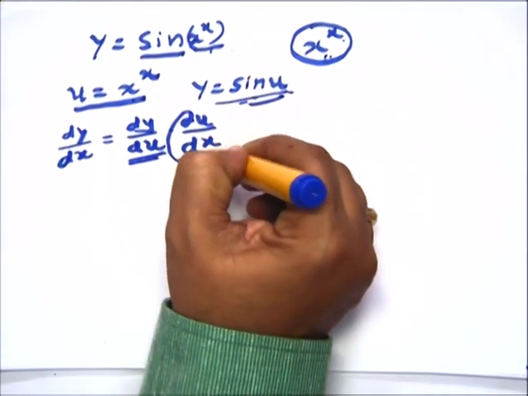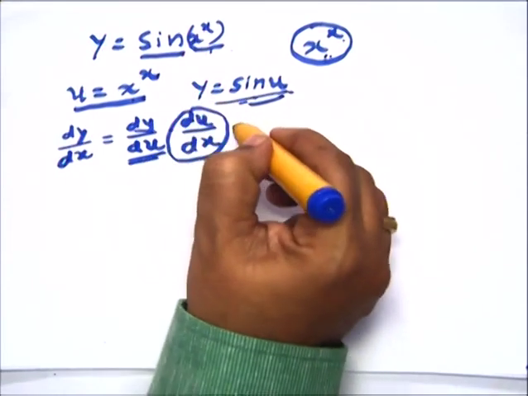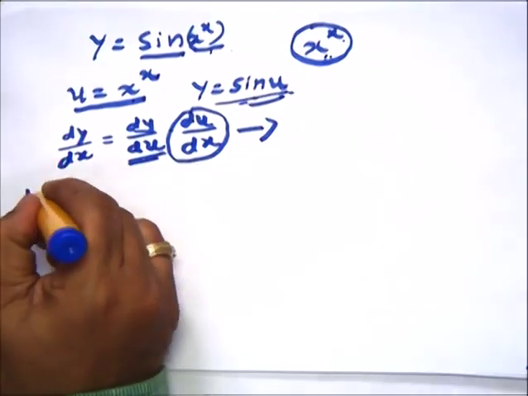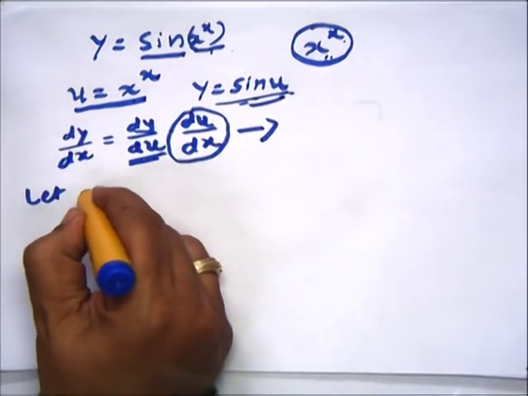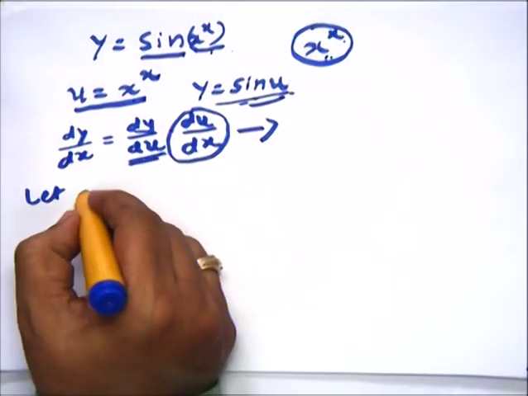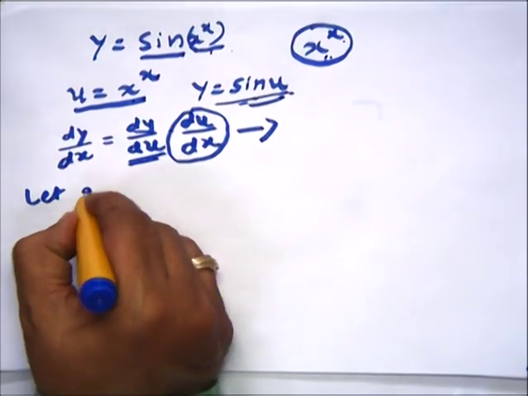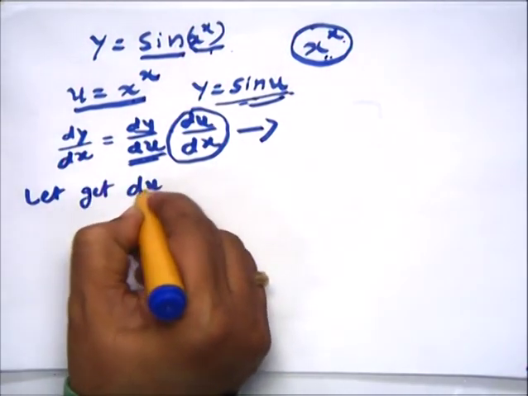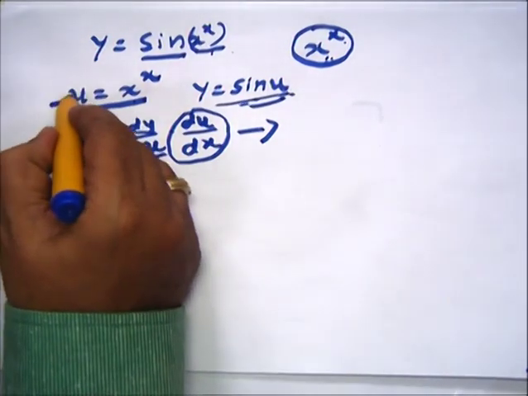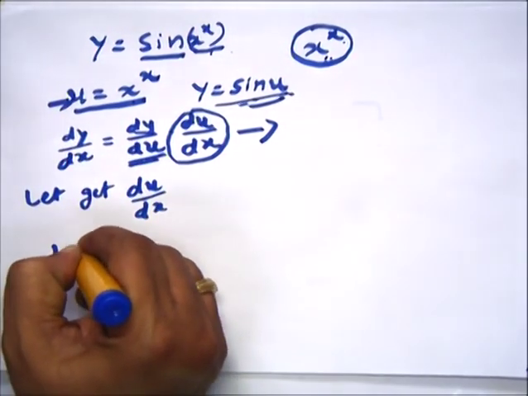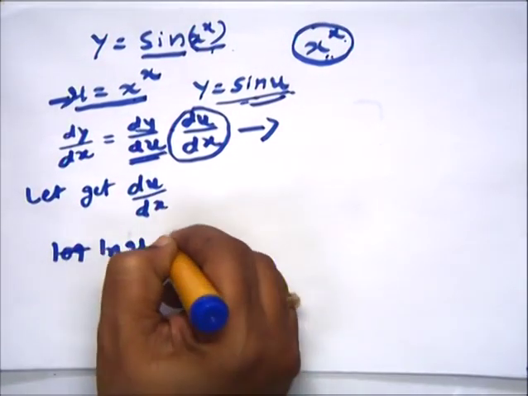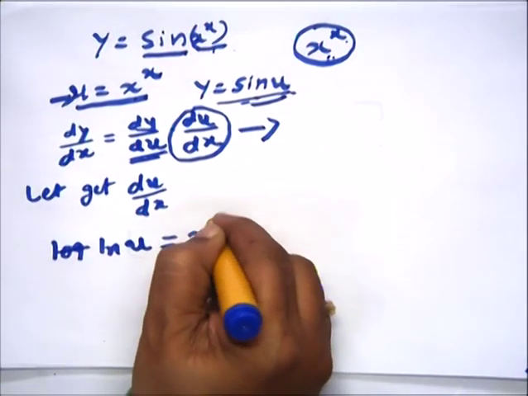But to get du by dx, what do we need? We need logarithmic differentiation. So let us first get du by dx. For that we take log on both sides. So log u is equal to x log x.